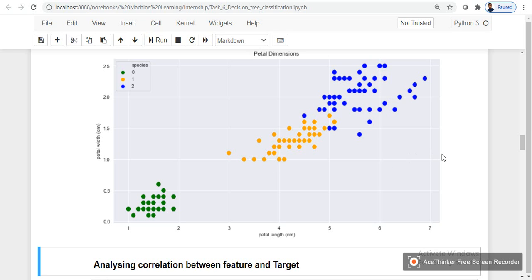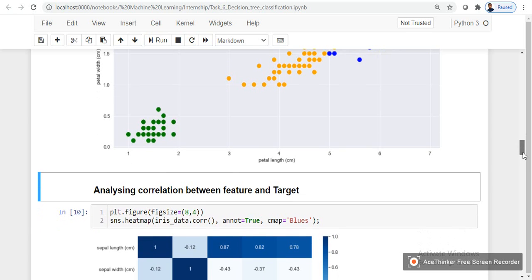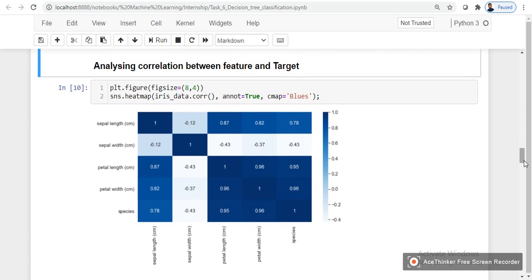So we have visualized the sepal and petal dimensions. Let us also look at the correlation between the features and the target. So this is the correlation table.